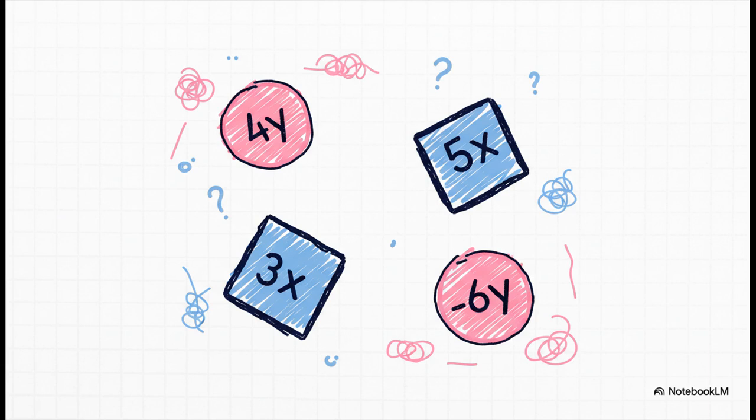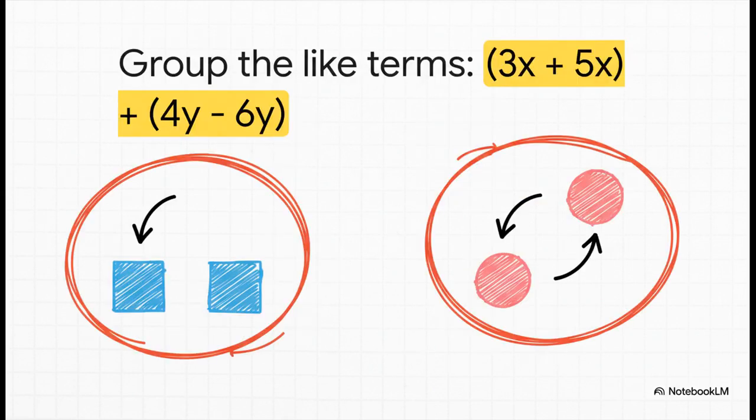Okay, let's put it into action. Here's our starting expression on the screen. 3x plus 5x plus 4y minus 6y. Looks a little cluttered, doesn't it? Step 1, we sort. We just mentally scoop up the x terms, so 3x and 5x go together. And then we grab the y terms. That's the 4y and the minus 6y.